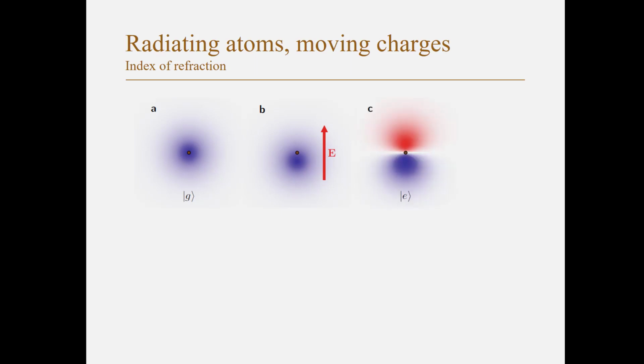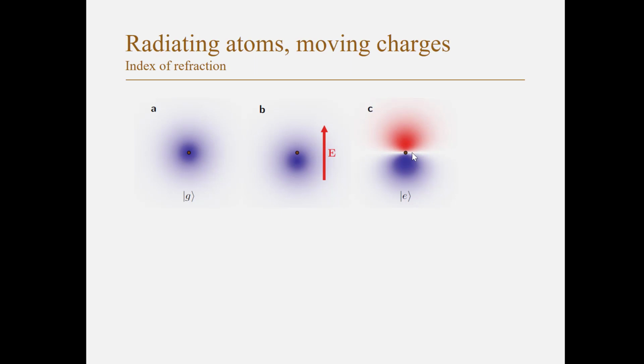To do that, we add an excited state. This is the wave function of an excited state, and the blue and the red correspond to the sign of the wave function. So it has nothing to do with the charge of the electron. Blue simply corresponds to a positive sign of the wave function, and red corresponds to a negative sign.